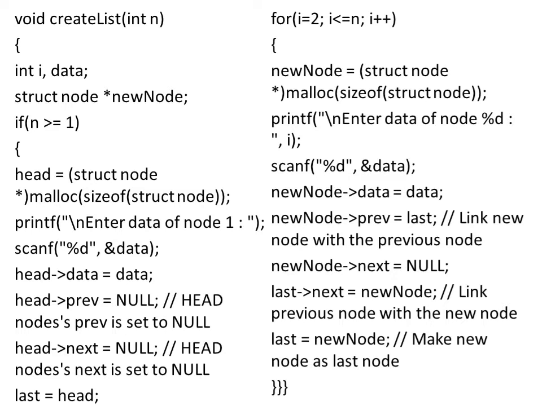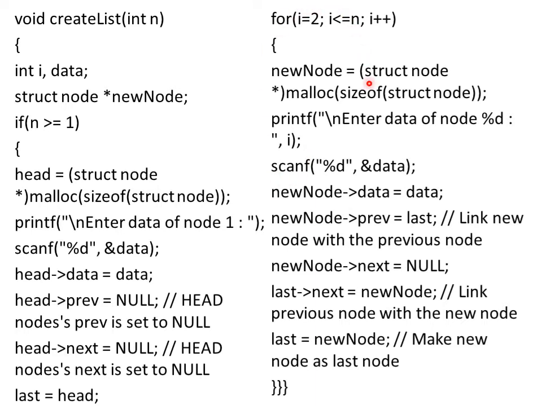Then I am printing node 1. I am taking the data, and for head, head previous will be null and head next will also be null. Initially there is only one node. For that reason previous will be null and next will also be null. Then I am initializing last equals to head.